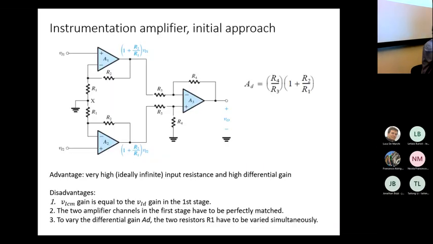Okay, just a quick look at a possible initial approach to realize an instrumentation amplifier.